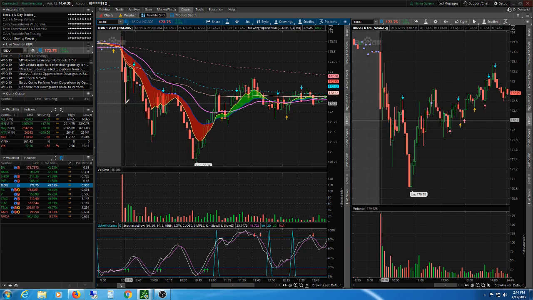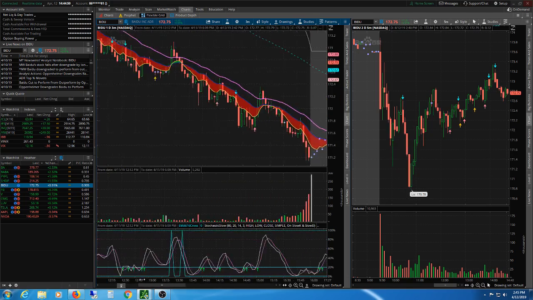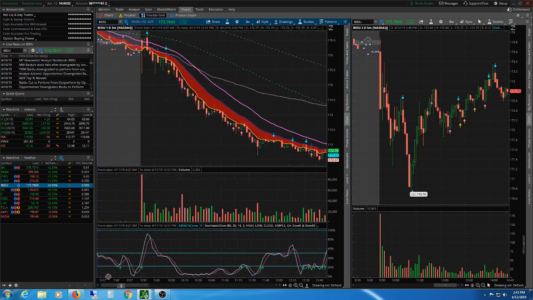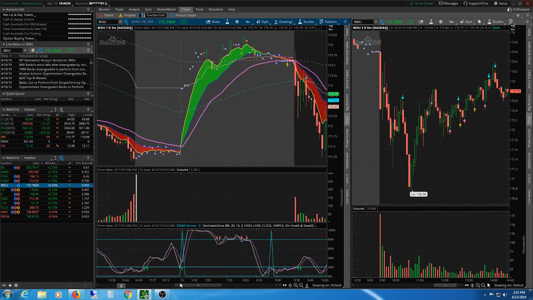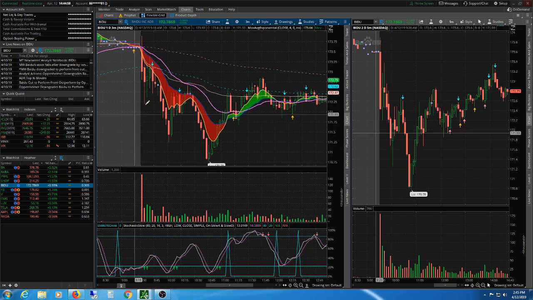Would have sold some here, and at that point I would have moved my stop to break even, played it down, and I'd have to go back and look at the previous day, see if there's any kind of congestion from the previous day, or maybe a different time frame, that would have been somewhere that I could have sold more.